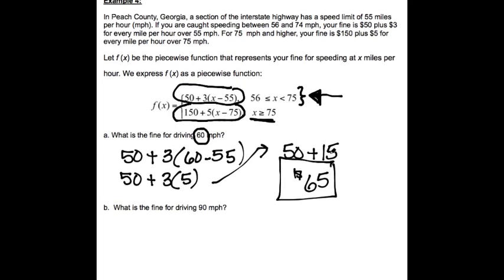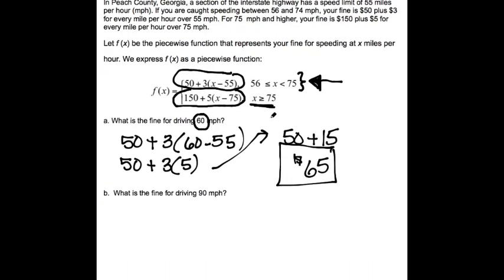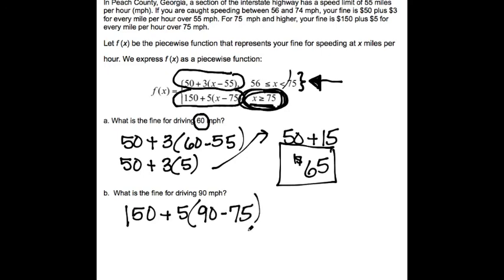Now, what happens when you're traveling over 75 miles per hour? For example, what is the fine for driving 90 miles per hour? So 90 miles per hour falls in the second portion, all right, anything greater than or equal to 75. So we're going to use the second portion of this piecewise function, 150 plus 5 times (x, which is 90, minus 75).